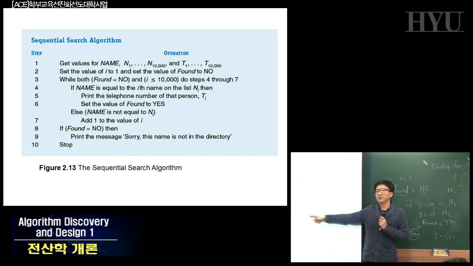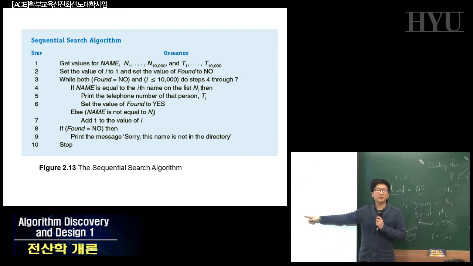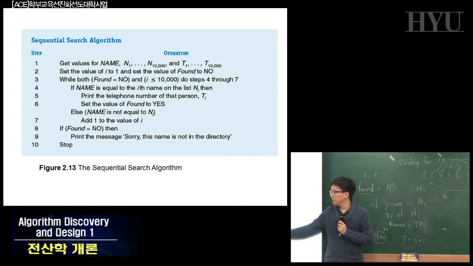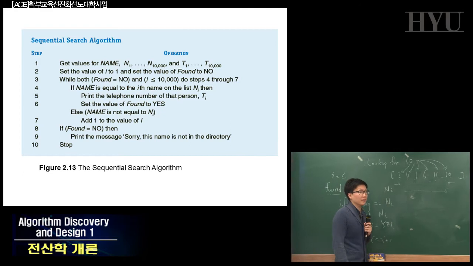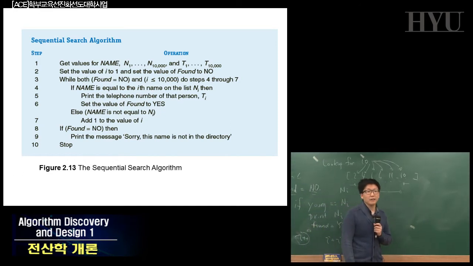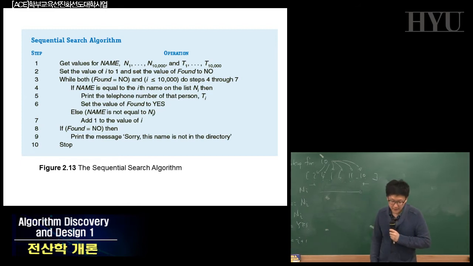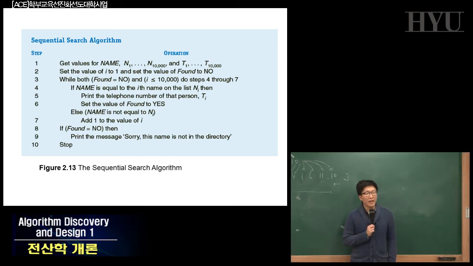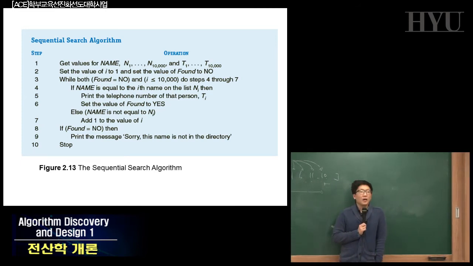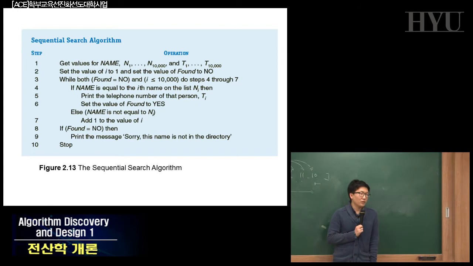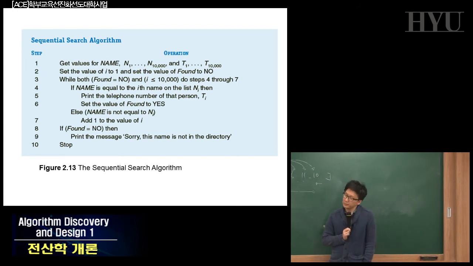My found is still no, even after I went through all the things in my list. So print out the message: sorry, your name is not in the list that I have. Tiny things can be added in this way. So this is another example of fixing your pseudocode, adding a slight bit more functionality like this.